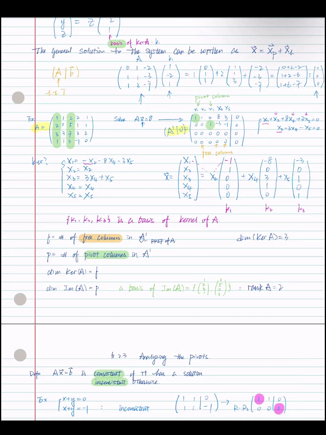So these two columns are spanning and linearly independent. But if we consider all 5 columns, these 5 columns also span the range of A, because 2 columns would make a basis. So adding more vectors would still span, but they're not linearly independent.